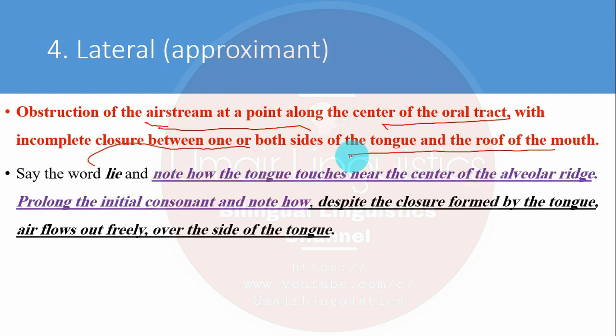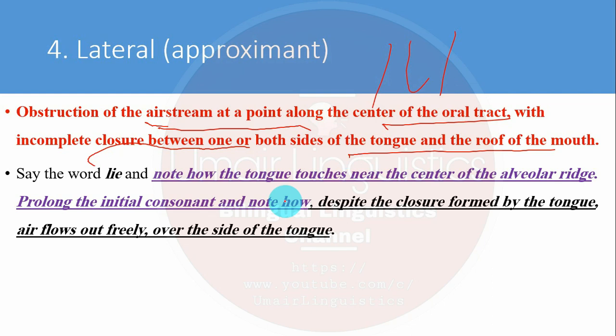For example, when you say the word lie, the beginning sound of this word, l, is an example of a lateral approximant. So when you keep your tongue near the center of the alveolar ridge, l, l, and now prolong the initial consonant at that position.